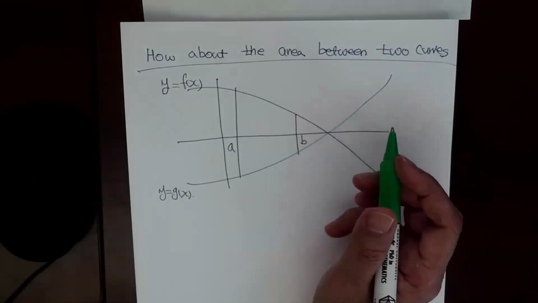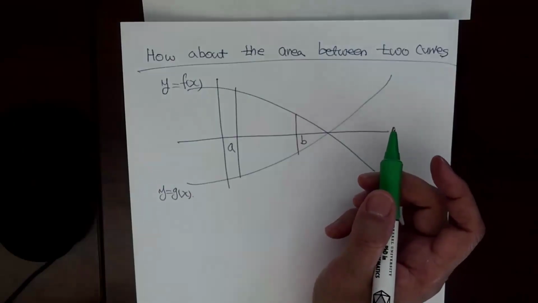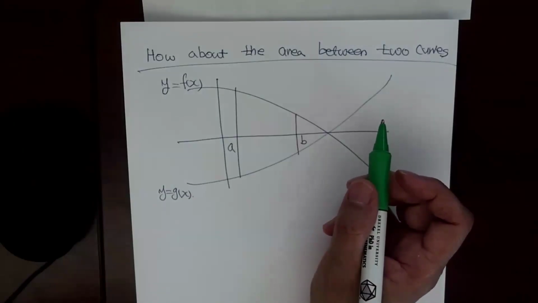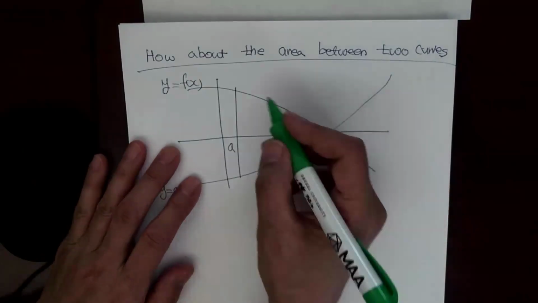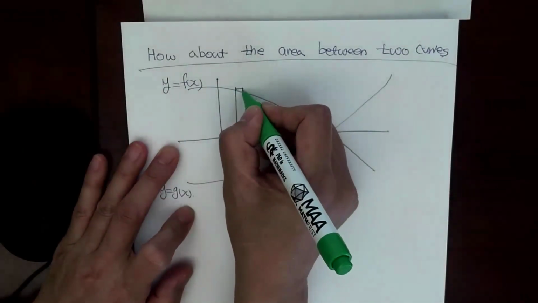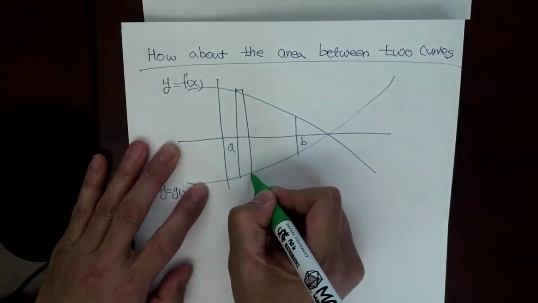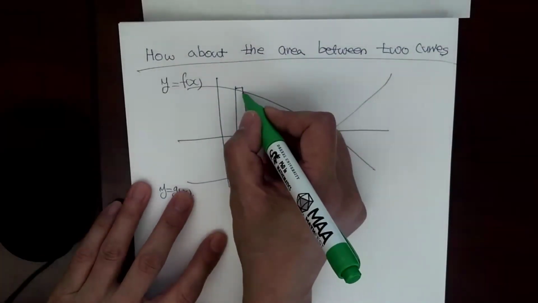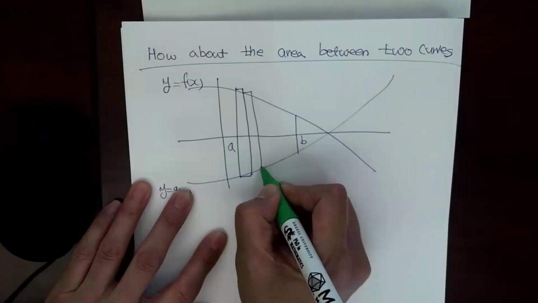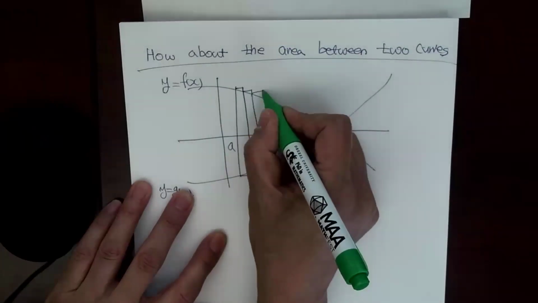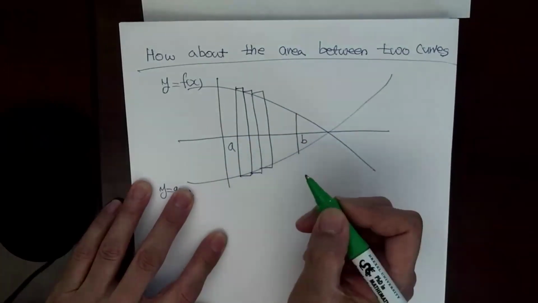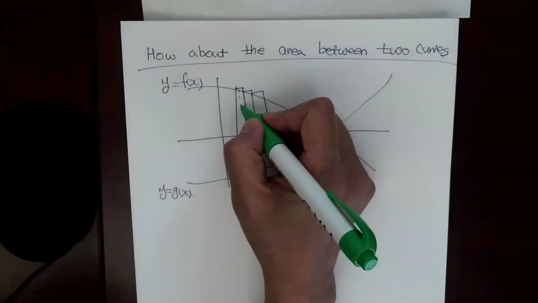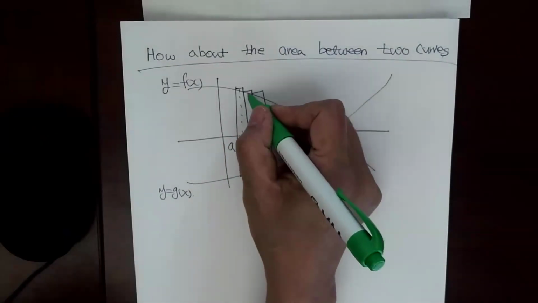When we think about the area between two curves, we will do essentially the same thing, but instead of the x-axis, we will use g of x. Like this, and we think about the area of the rectangle.